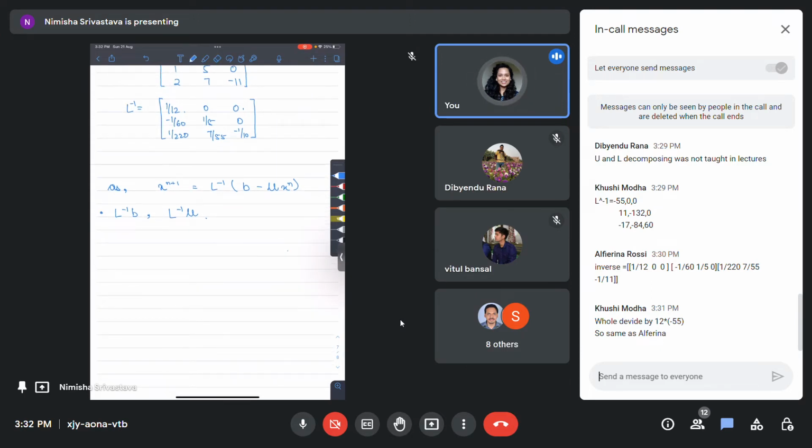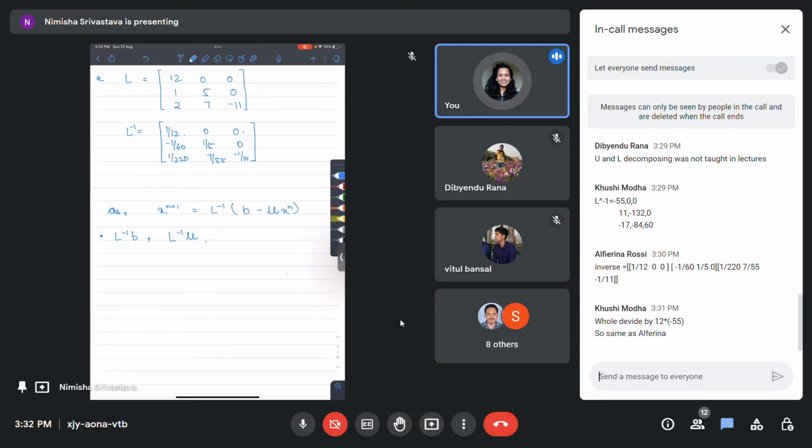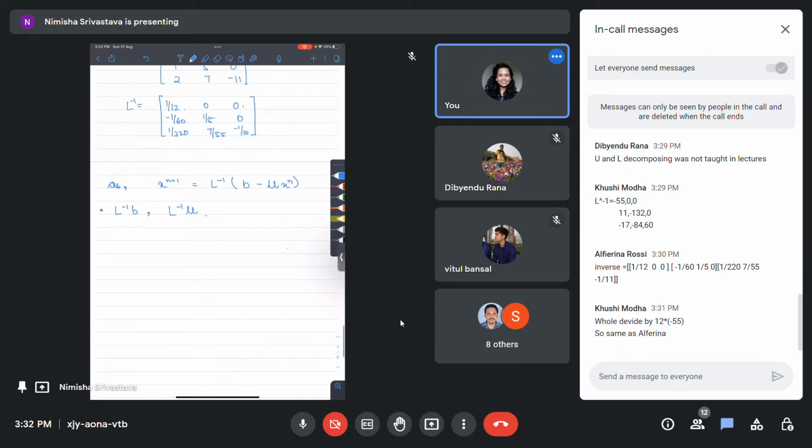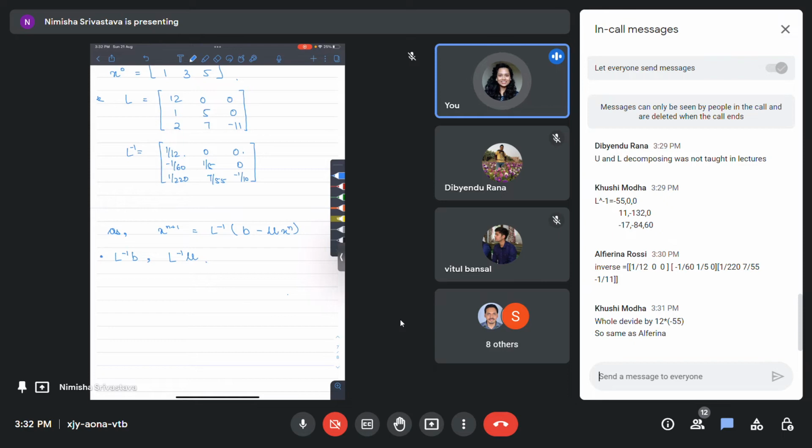See, we need what Alfrina has because then that will give me the identity matrix. So that's what I need now. L inverse into L equal to identity matrix. Anyway, I could be wrong, so just take it with a grain of salt. But what should be the correct answer for L inverse is over here.